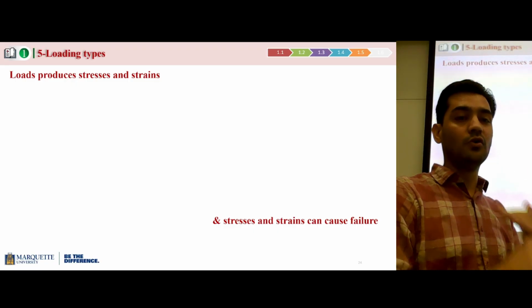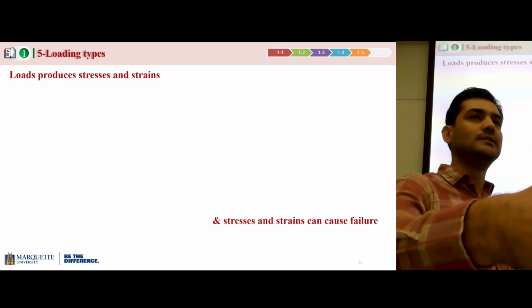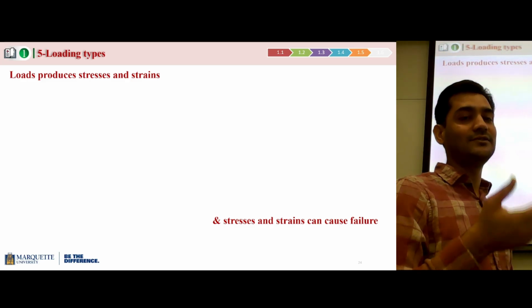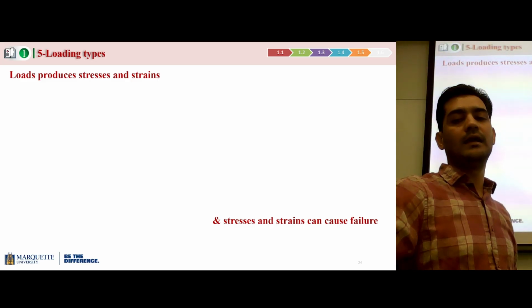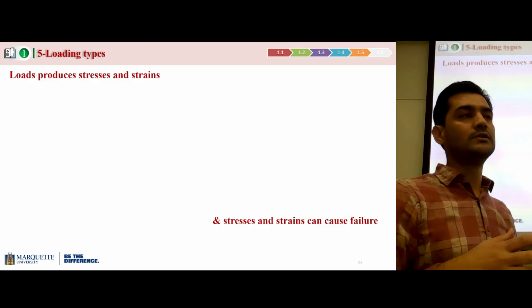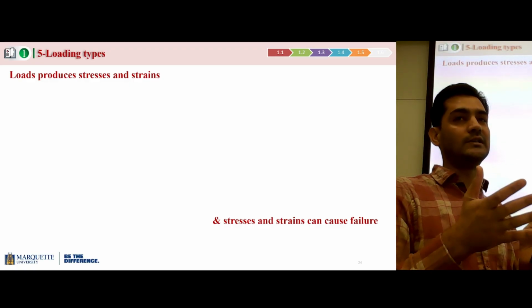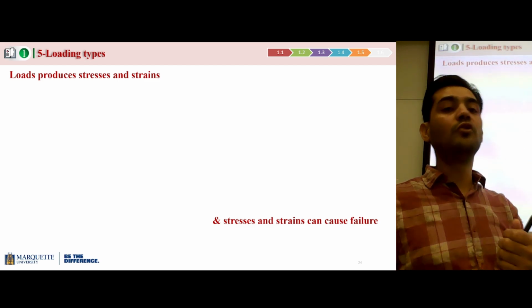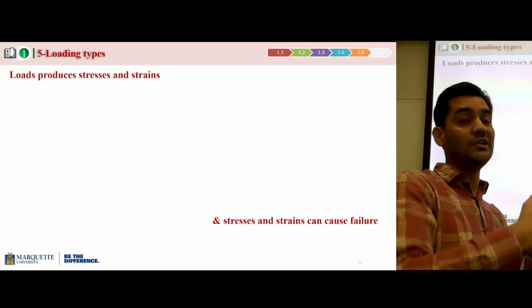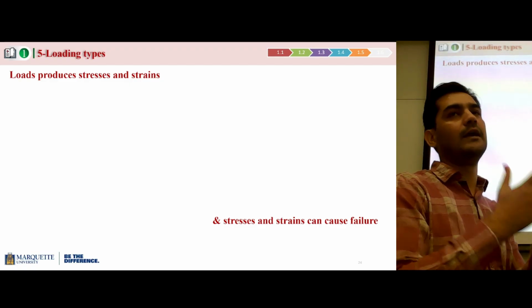Because of those internal loads, we then calculate stresses and strains. Once we have stresses and strains, we can calculate failure, because every material has a limit. Every material can only take stresses and strains to a limit. So if more stress is applied to that material, object or body, it will fail.